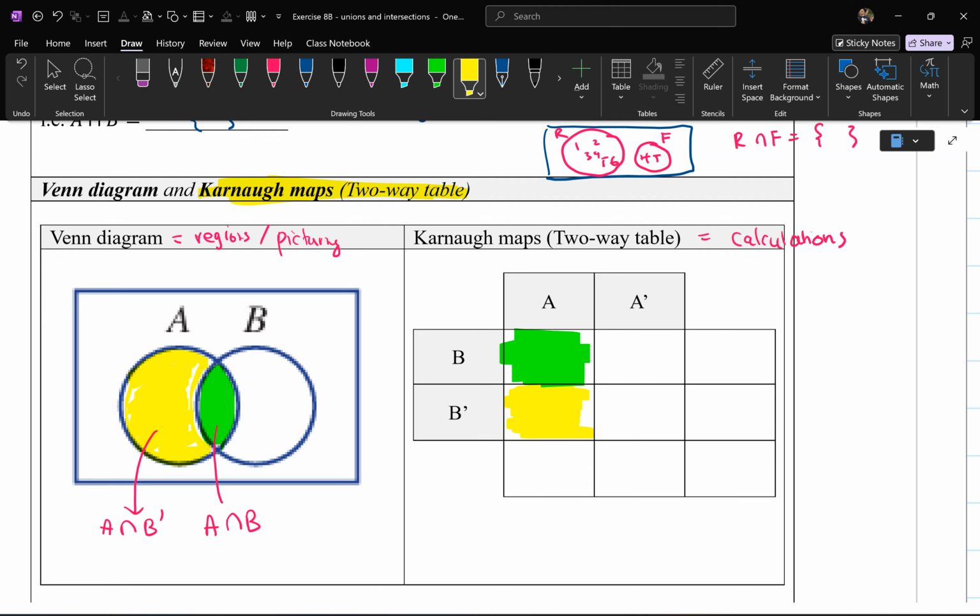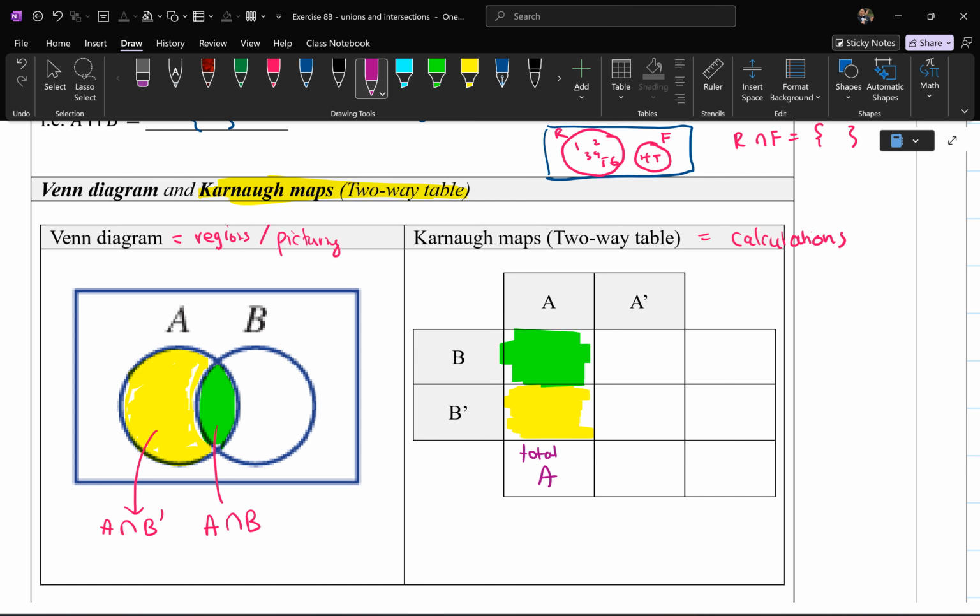What's interesting is if you add the green and the yellow region, what group do you get? You get A, which is what this table shows. If you add this table vertically, that should give you the total for A, which makes sense pictorially.